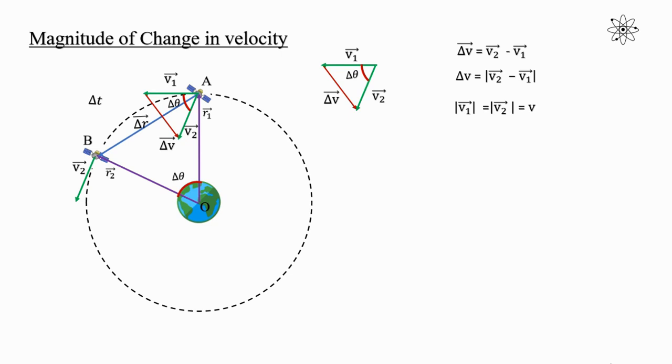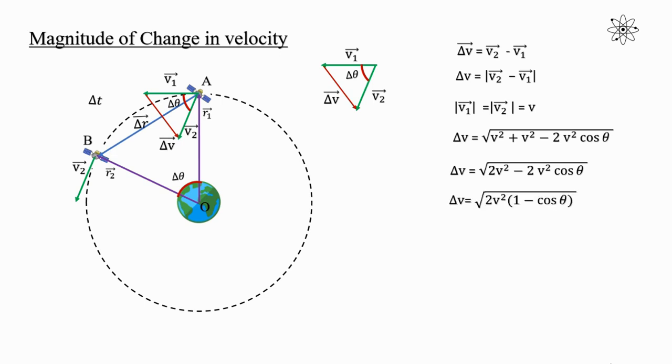Therefore, the magnitude of V1 is equal to the magnitude of V2, which is equal to V. Let's use the formula for the magnitude of a vector: delta V is equal to the square root of V square plus V square minus 2V square cos theta, where theta is the angle between the two velocity vectors V1 and V2. Therefore, delta V is equal to the square root of 2V square minus 2V square cos theta.